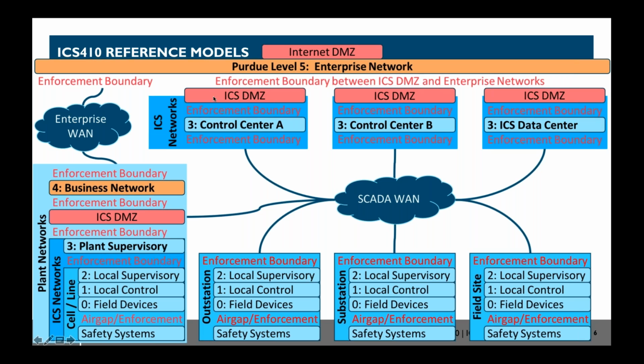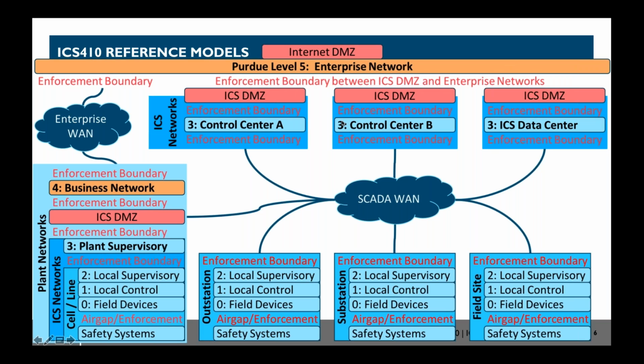Here I end up having control center A. So this is one control center, right? Control center B is another control center. And here I even have a dedicated data center for ICS, or a control data center, right? ICS data center, control data center, however you want to term that. This might be at one of the same sites as one of the control centers, but maybe it's a different site. I kind of demonstrated it as a little different site here.